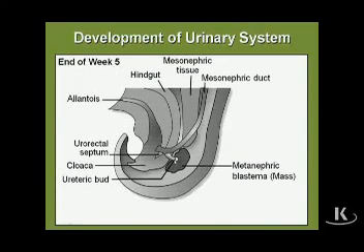The initial branches from the renal pelvis, from the ureteric bud, will become the major calyces. The branches of the major calyces will become the minor calyces, and the branches of the minor calyces will become the collecting tubules. So the ureteric bud not only becomes the ureter, it also becomes the conducting portion of the kidney, largely the medulla of the kidney.